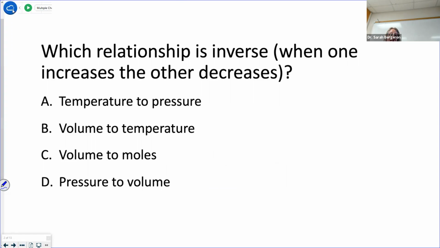All right, which relationship is inverse? When one increases, the other decreases. Remember, either use your peas and vegetables on the table or use Pivnert.